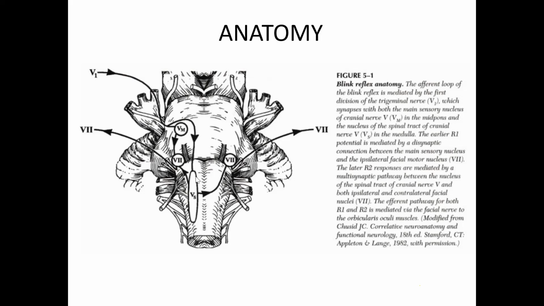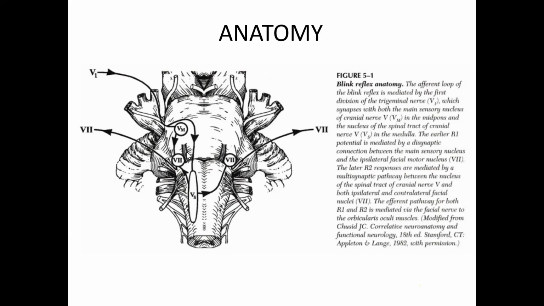It goes to the same side 7 nucleus and produces the ipsilateral R2 response, and second, it goes to the contralateral 7 nucleus and gives the contralateral R2 response. Very good. So the earlier R1 potential is mediated by the connection between the main sensory nucleus and the ipsilateral facial nucleus. Later R2 responses are mediated by the multisynaptic pathway between the spinal tract of the trigeminal nerve and both the ipsilateral and contralateral facial nuclei.